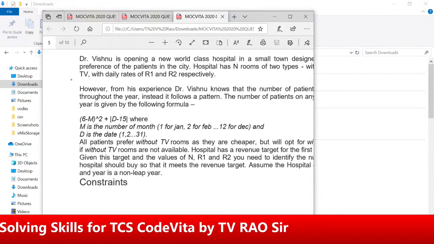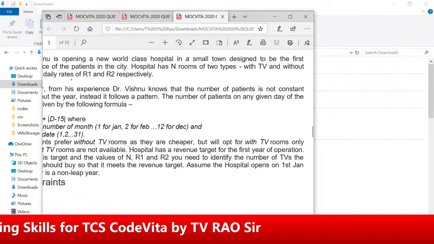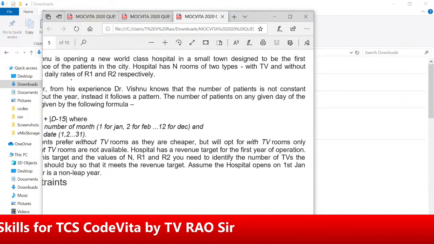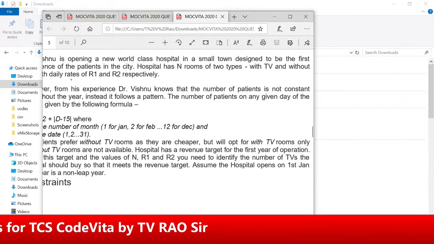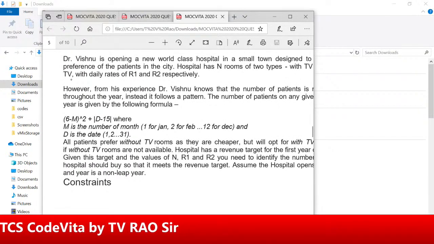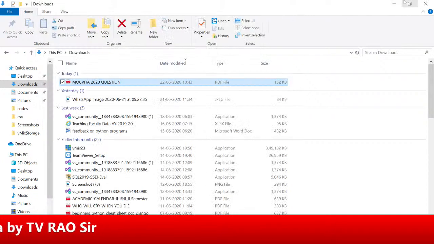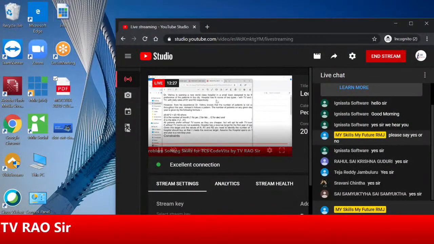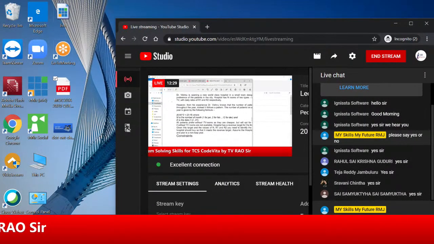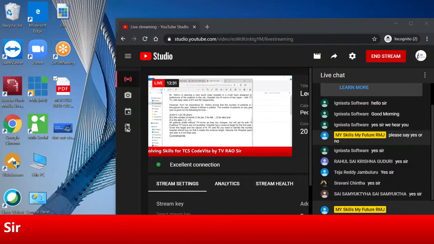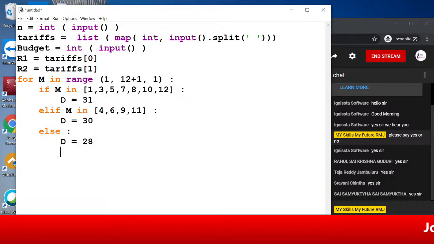I think somewhere it is given. Yes, you can see here non-leap year. Because this is non-leap year, number of days are 28.